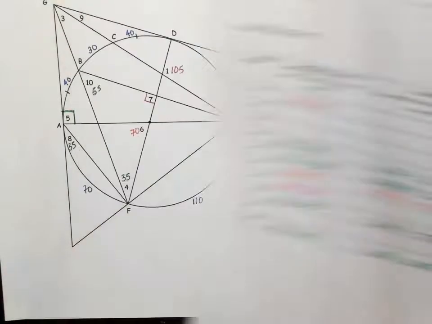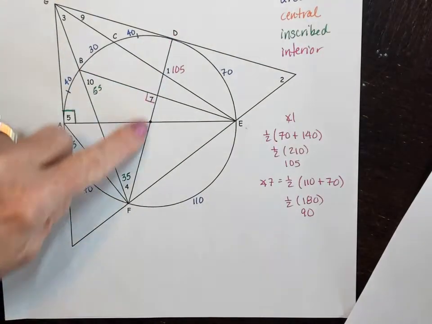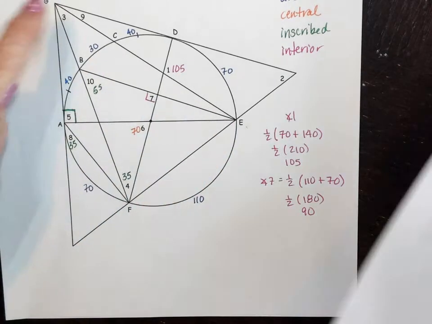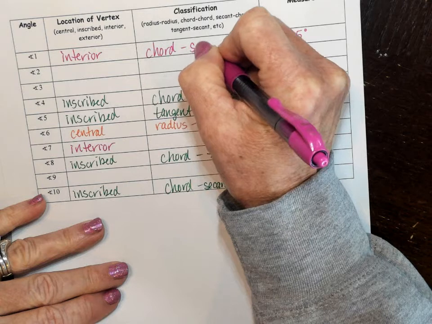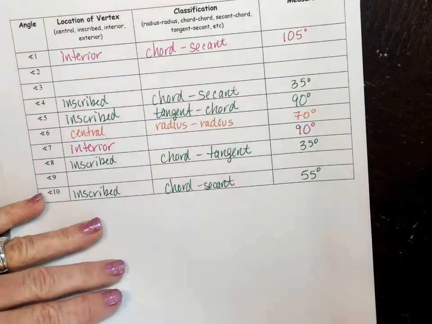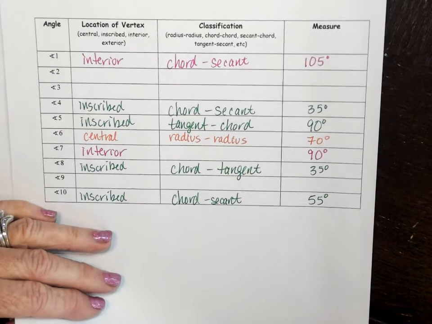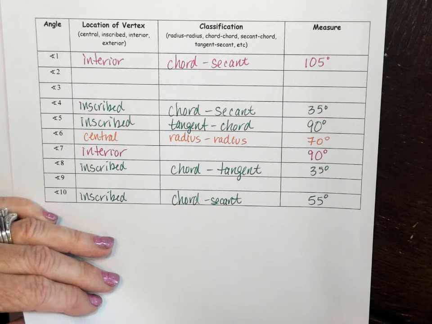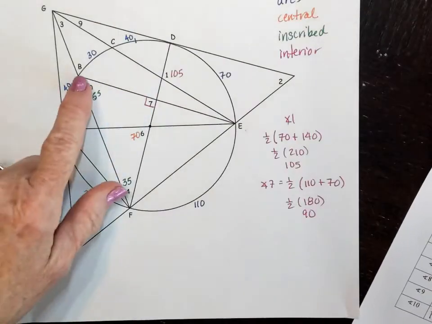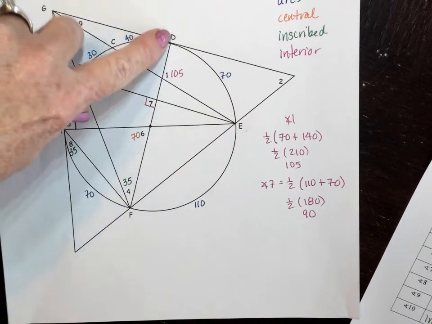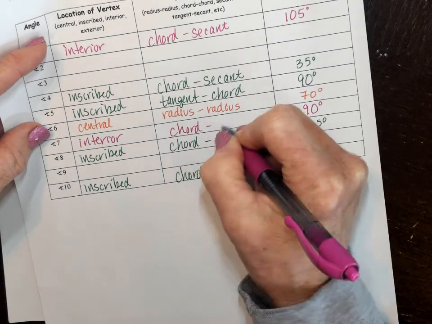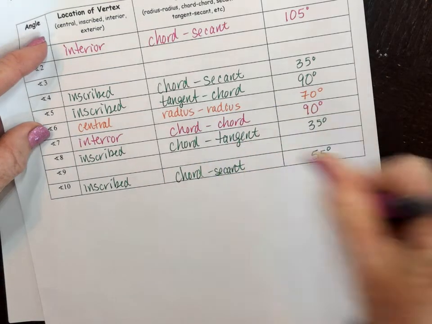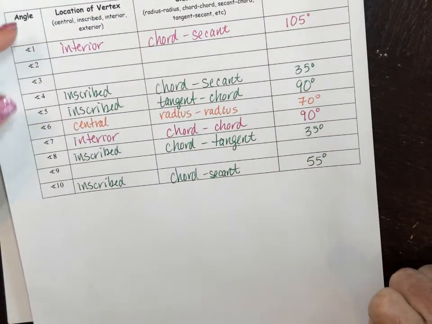Let's see, angle 1, here's a chord, and that's a secant. A chord stops at the edge of the circle, and a secant goes beyond the edge of the circle, outside of the circle. Number 7, this is a chord, and this one is a chord.